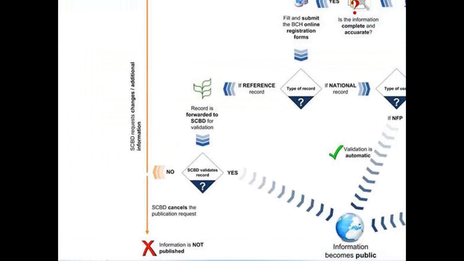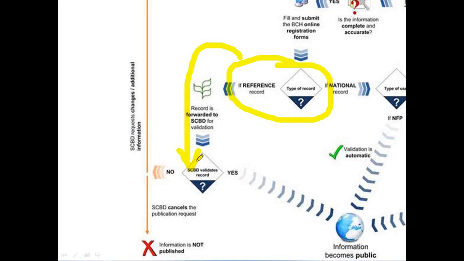we can take a look at the flow of information for reference records. In this case, we see that we are working on a reference record. Once we finish inputting the information, we submit it for publishing, and it goes to the Secretariat. They will validate it eventually.